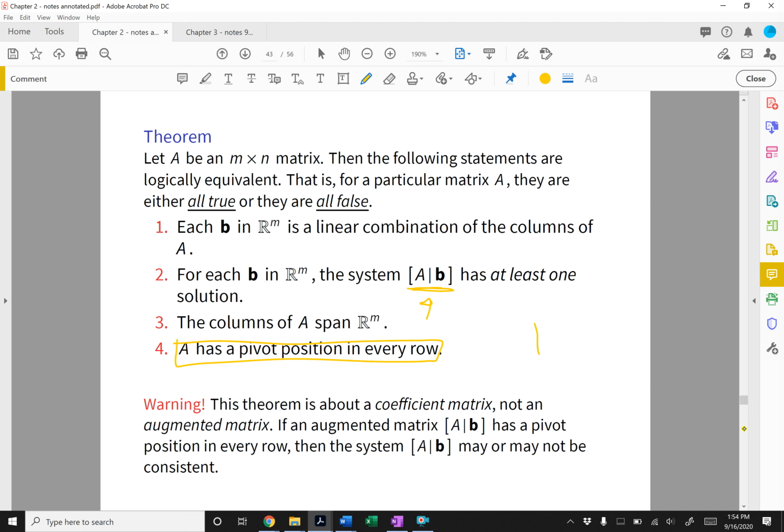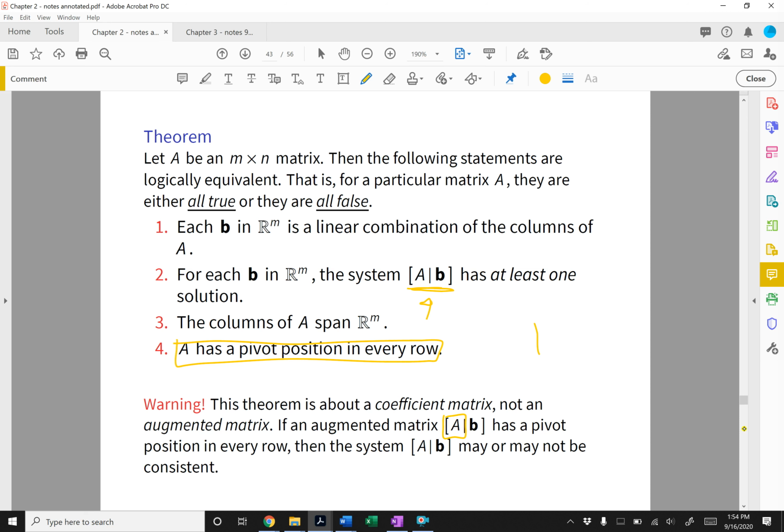You know any point in there is at least one solution for that. Warning, this theorem is about a coefficient matrix, not an augmented matrix, right? So we're just talking about that one, not an augmented matrix.